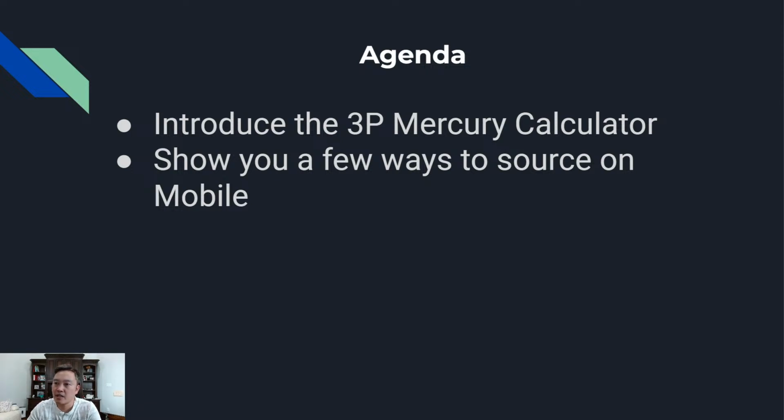And now we've brought this extension out to the mobile platform. What this will allow you to do, and how it's a little bit different than other extensions and mobile apps out there that do profit analysis, we're going to go over that today.